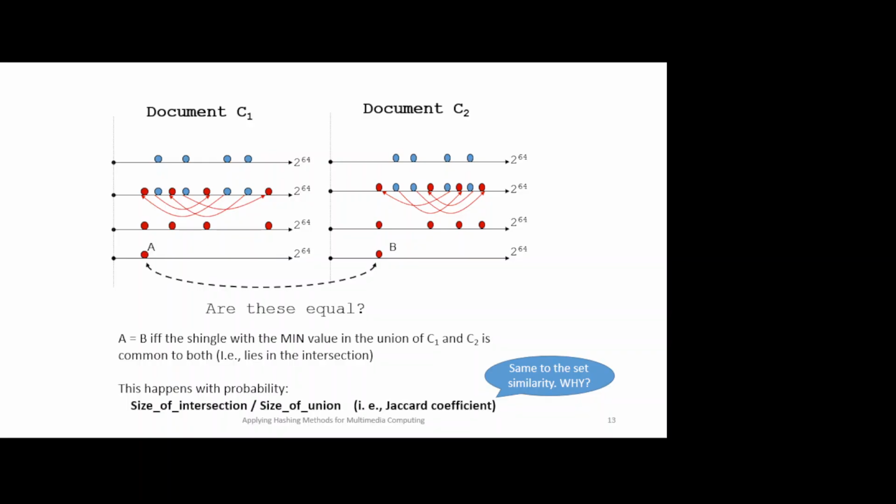The probability will be the same as the Jaccard coefficient of the two documents. It can be represented like this: the size of the intersection divided by the size of the union. So the probability that A and B will be the same is the same as the document similarity computed by the Jaccard similarity.